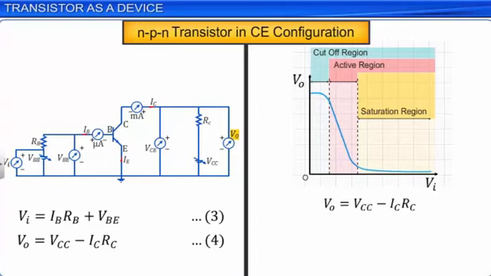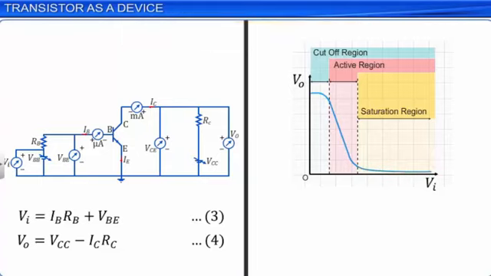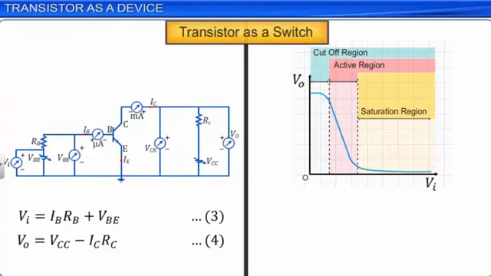Let us now discuss about the transistor as a switch. When the input voltage Vi is low, the transistor is in the cutoff region. In the cutoff region, the collector current IC is 0 and it is not conducting.